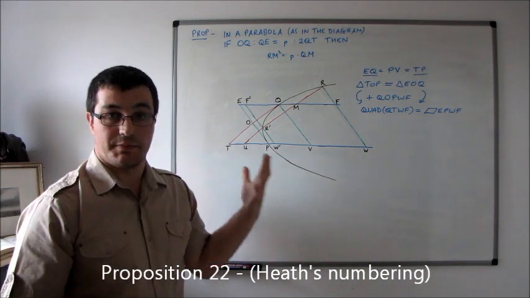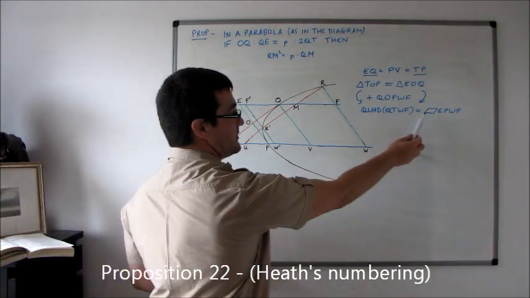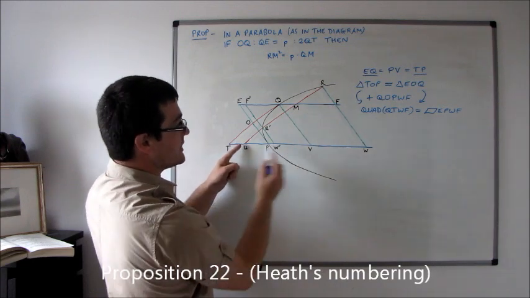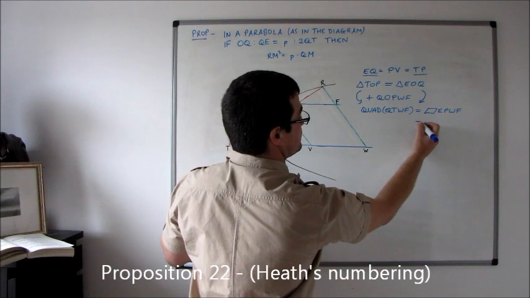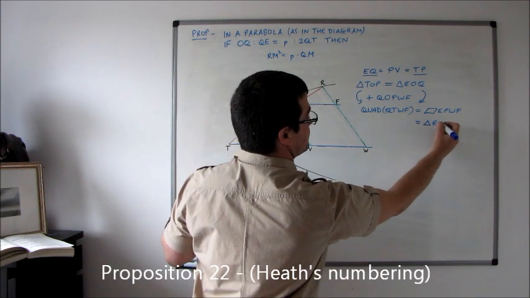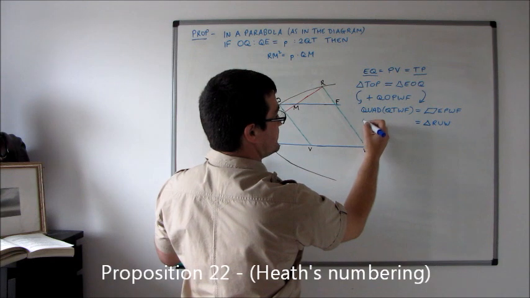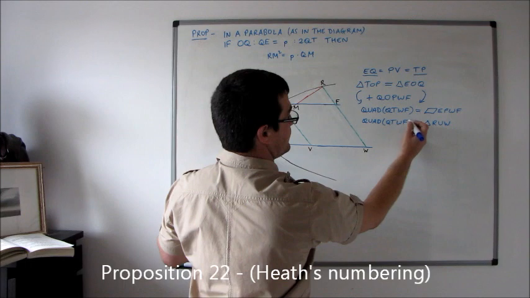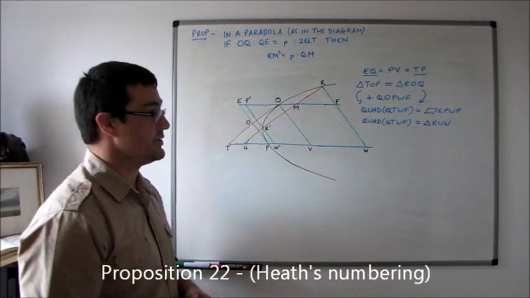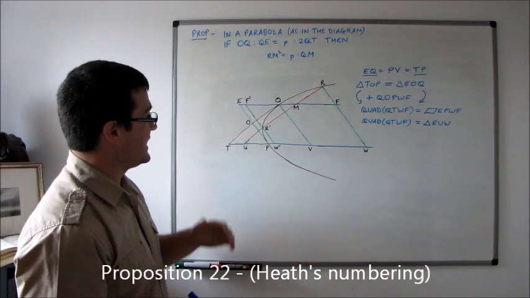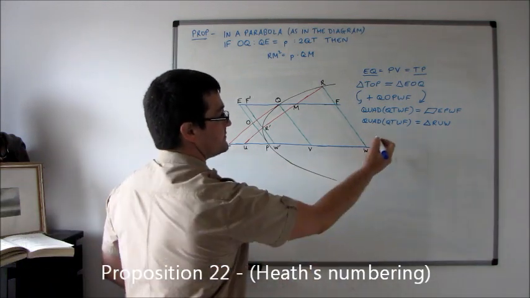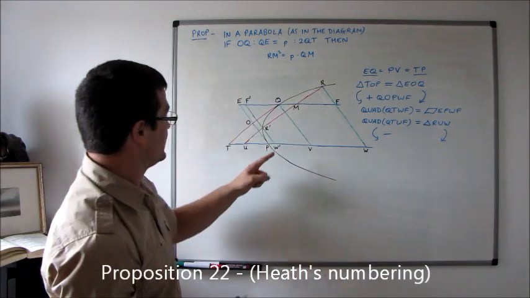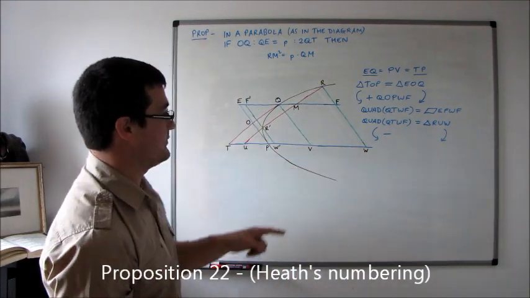Okay, now by proposition 17, parallelogram EPWF is actually equal to triangle RUW. So quadrilateral QTWF is equal to triangle RUW. So now from both of these we're going to subtract MUWF.